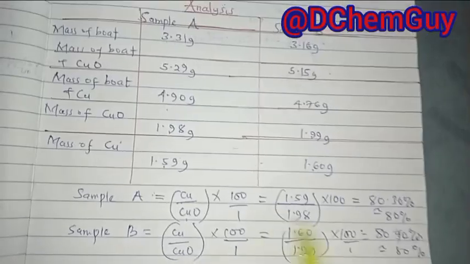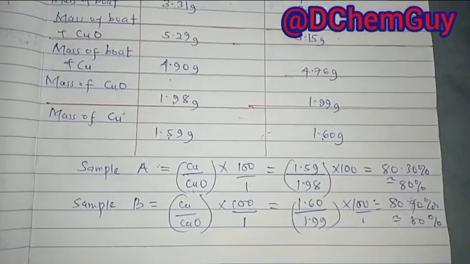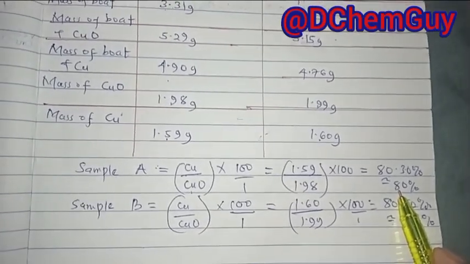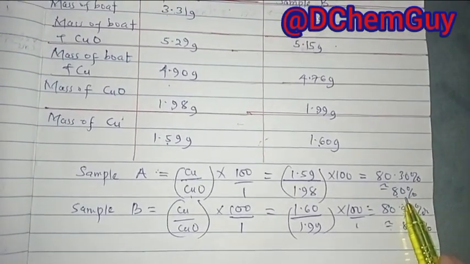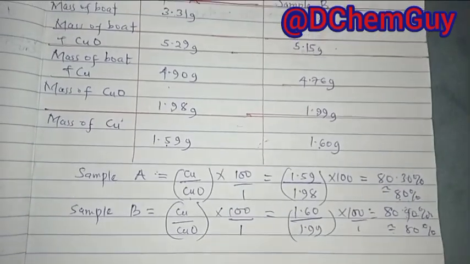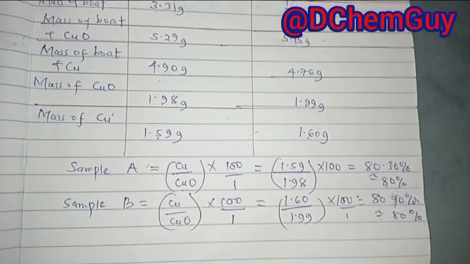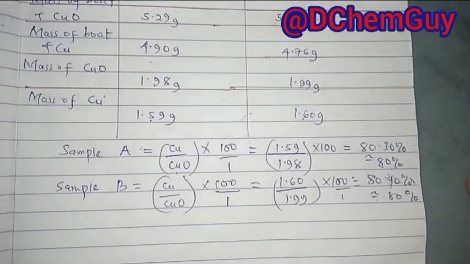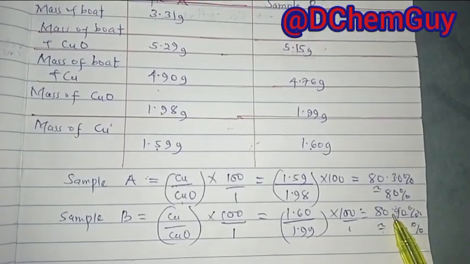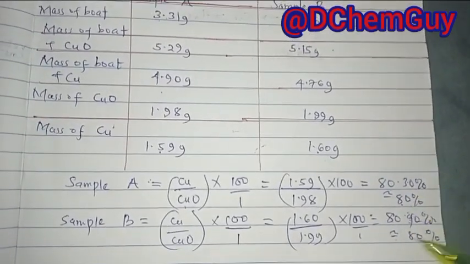It means that each copper 2 oxide contains 80% of copper, while the remaining percent is what? Oxygen. That is 80% of copper, 20% of oxygen. So now, the percentage copper in the two samples is approximately 80%. So irrespective of the method of preparation, it's still almost the same thing.